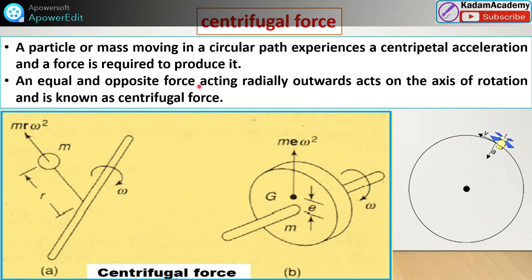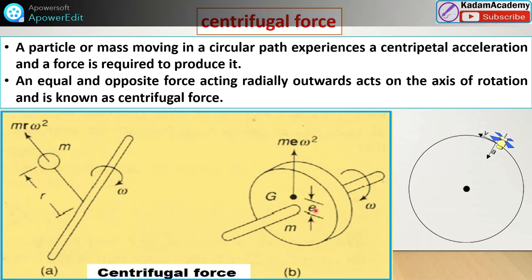That equal and opposite force acts radially outwards. See, this is a disk with an eccentric mass; the center of mass is moving outside. This force is m e omega square, where m is the mass of the disk, e is the eccentric distance, and omega is the angular velocity. Similarly here, m r omega square.